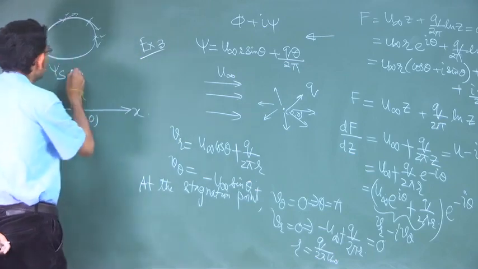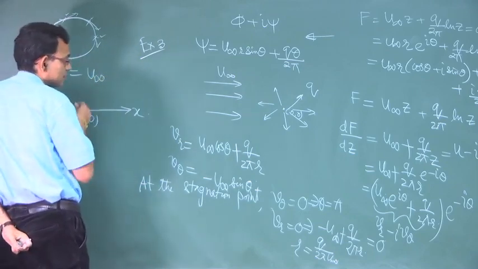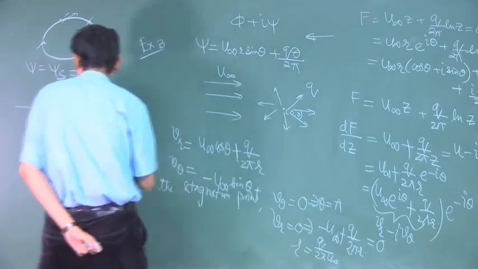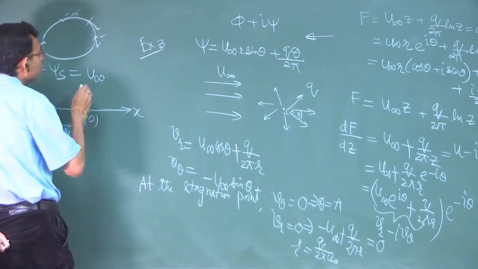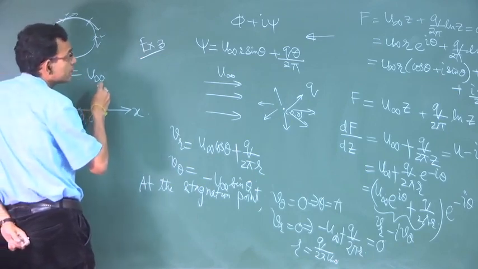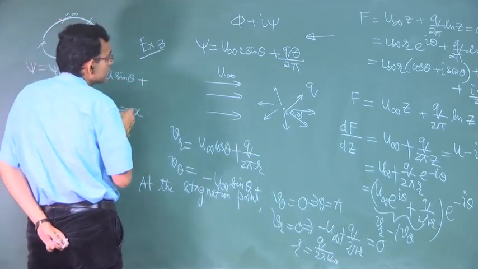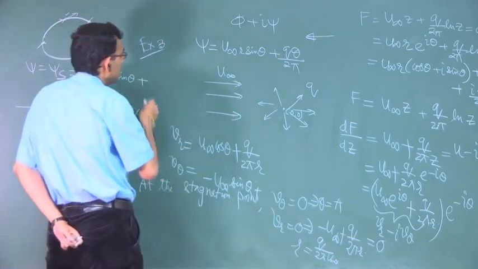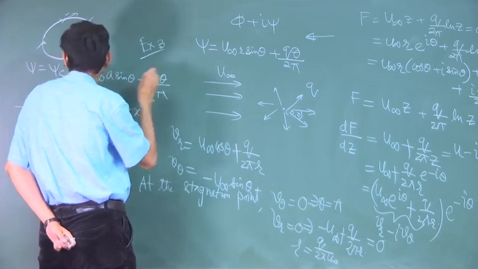So, this is equal to u infinity, let this r be equal to, let us say, a, u infinity a sin theta plus q theta by 2 pi.